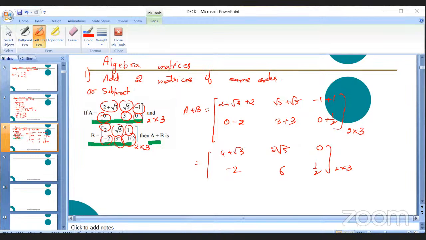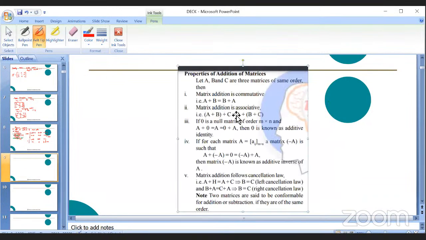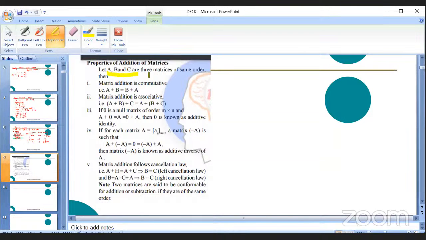Then properties of addition. When you add matrices, I will put the properties on the board. I'm not writing, I'll put it on the board. These are the properties of addition of matrices. See, A, B, C are three matrices of the same order. Then A plus B equal to B plus A, that means it is the commutative property.